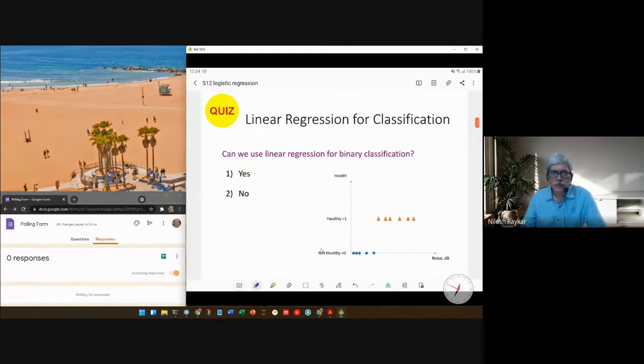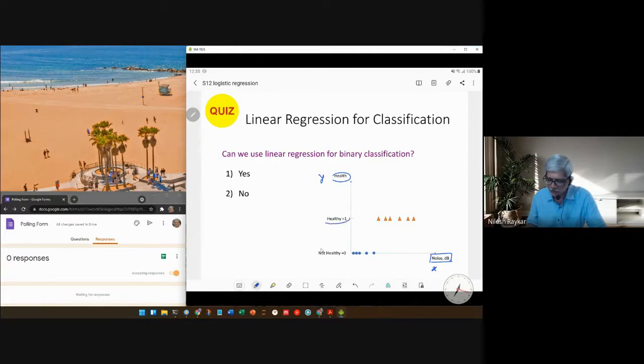The question is, can we use the linear regression algorithm that we developed earlier for the binary classification problem? For example, the data given here is a univariate problem. You have noise as the feature and health is the label, that is y. Health is a binary label.